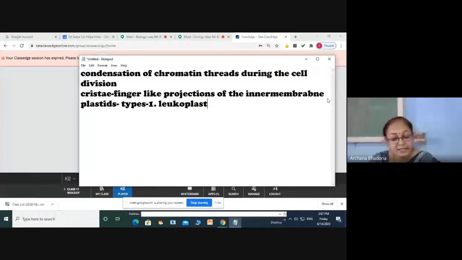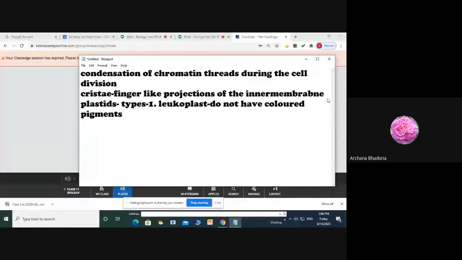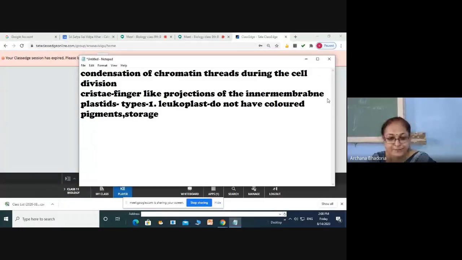Now remember that they do not have colored pigments. So they help in storage. What is the function of these leucoplasts? They store the food material. The function of the leucoplast is to store the food material.